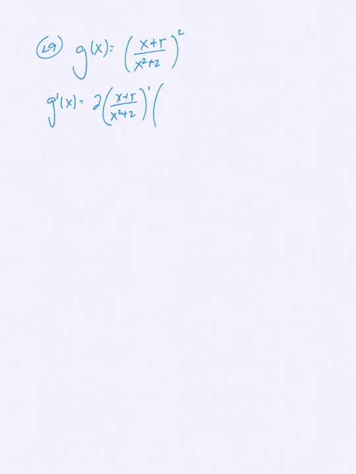So we're taking the derivative of this stuff here. So here we go. Denominator times the derivative of the numerator minus the numerator times the derivative of the denominator over the denominator squared.